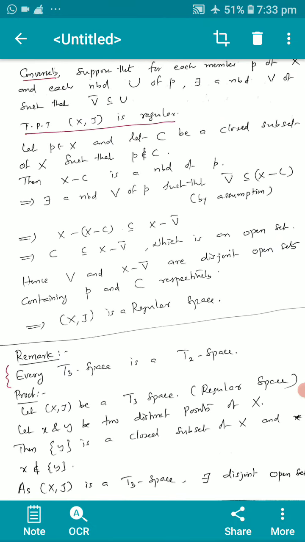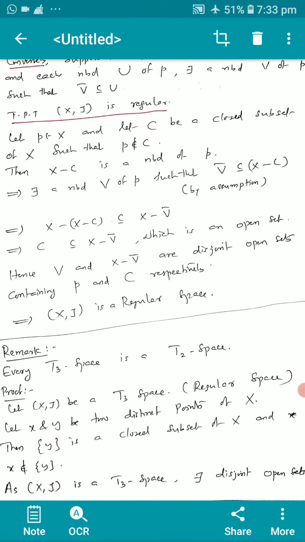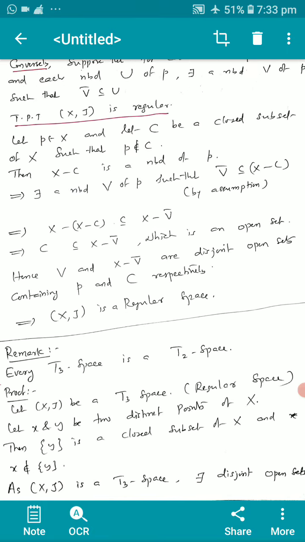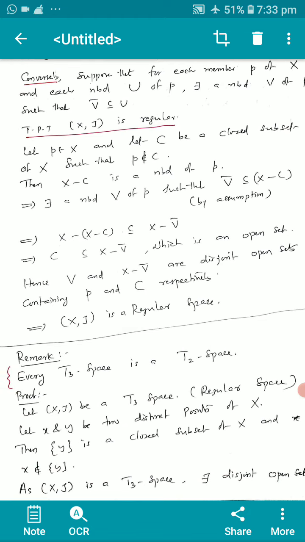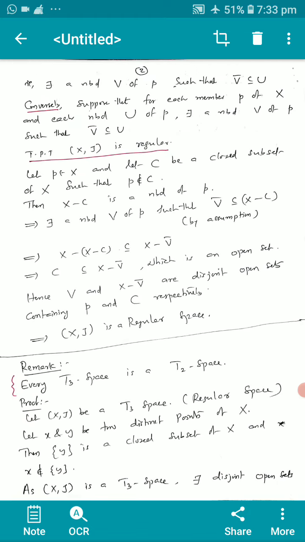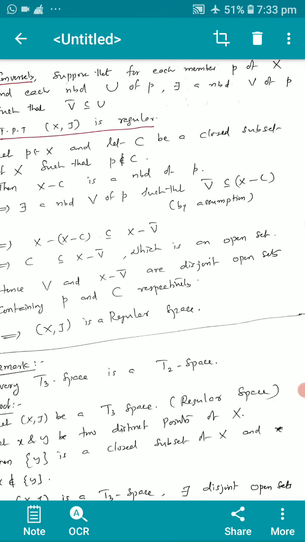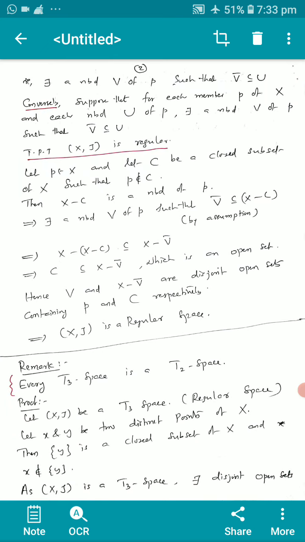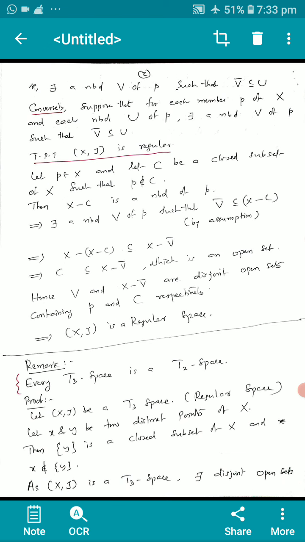This implies C is a subset of or equal to X minus V bar, which is an open set. Hence, V and X minus V bar are disjoint open sets containing P and C respectively. That is the definition of regularity, so X is a regular space. That is the first theorem.